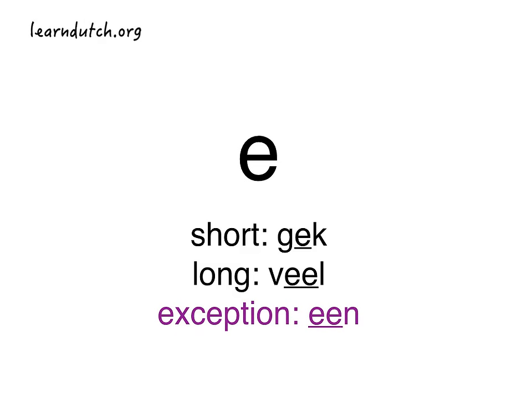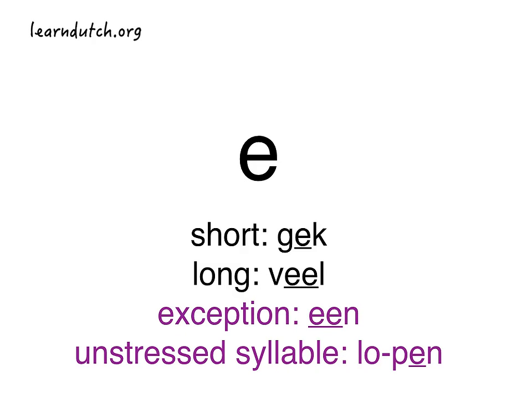The only exception of two E's, not pronounced as long E, is in the article een, which means a. You can pronounce this word also as een, but then it means the digit one. The E is pronounced as a schwa when it is in an unstressed syllable, as in lopen, which means to walk.